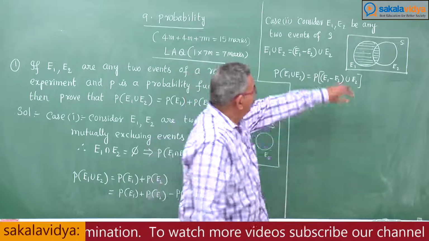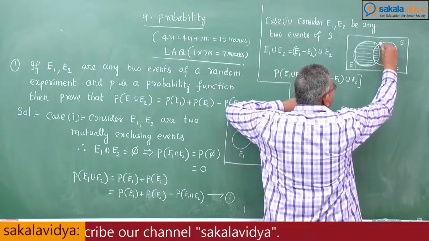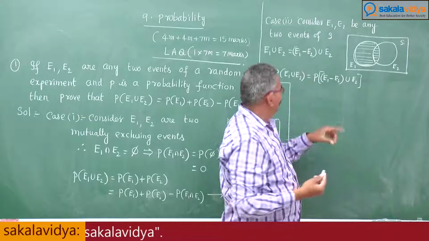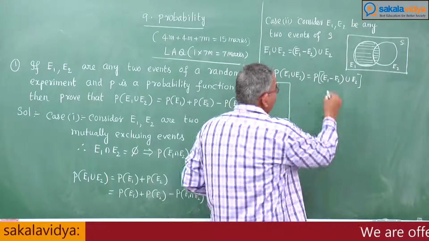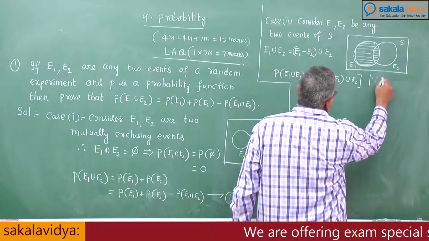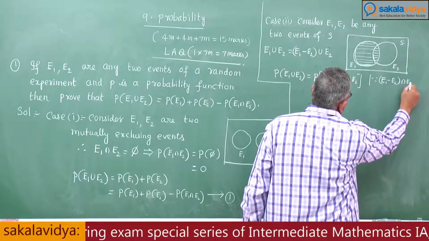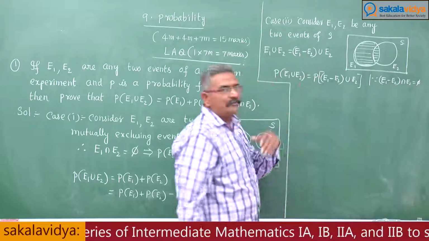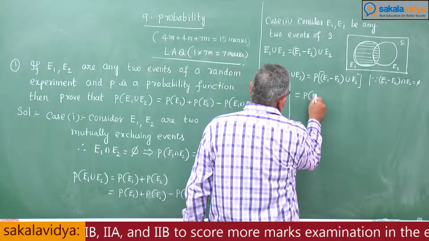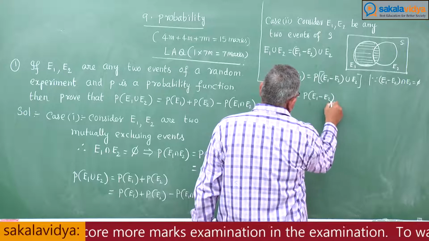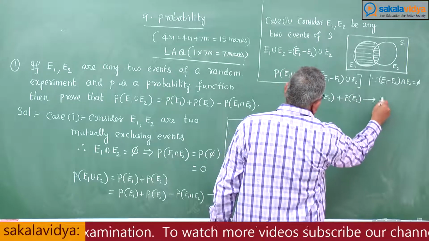Very interesting. This part and the E2 part have no common element, that means these two are mutually exclusive. So, since E1 minus E2 intersection E2 is equal to phi, you can apply the probability axiom. So, we can write P of E1 minus E2 plus P of E2. Say this is equation 1.